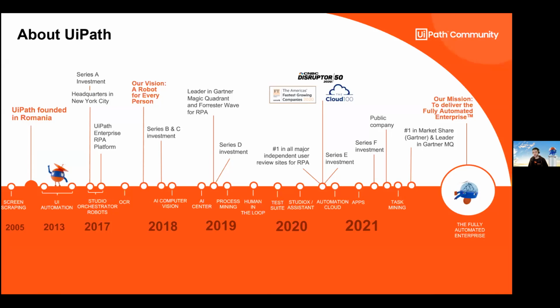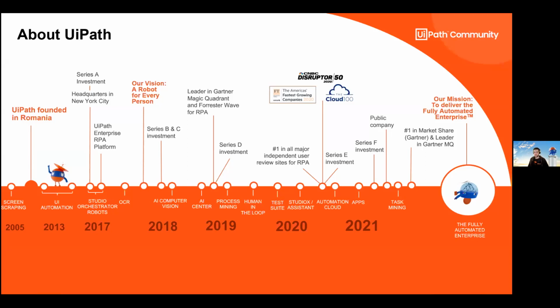And if you actually see the rest of the years, there are a lot of other solutions and applications that UiPath has introduced, like AI Center, process mining, task mining, etc. Then by 2017, UiPath set its vision to have a robot for every person. That's something that some companies are already going forward with.